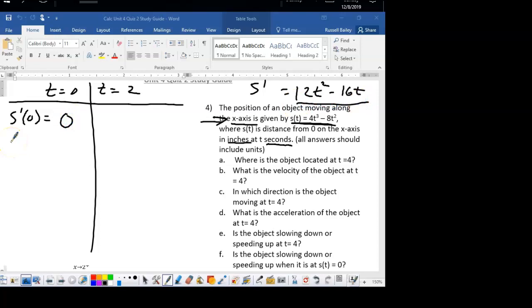And if you were to plug 0 into s double prime, I erased that, I believe it was 24t minus 16, right? So if I plug in 0 there, I get negative 16. Now, whenever your velocity is 0, which means you're not moving, but the acceleration is present, that means the object is moving up. So I would say this is speeding up.